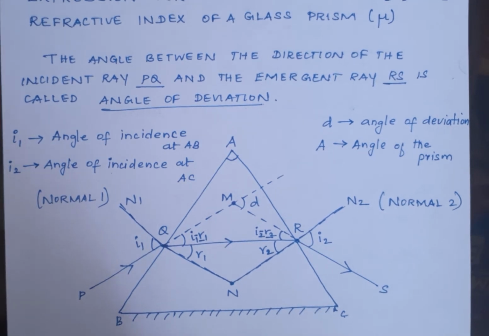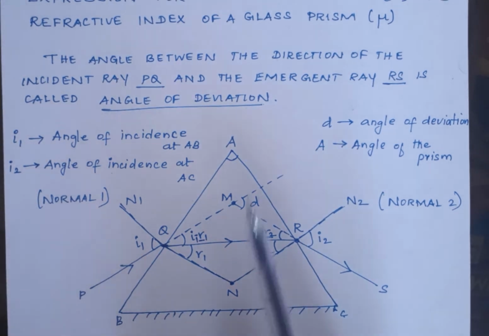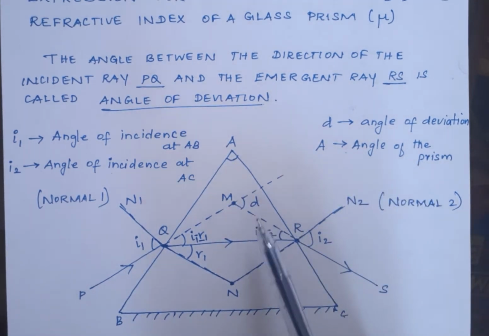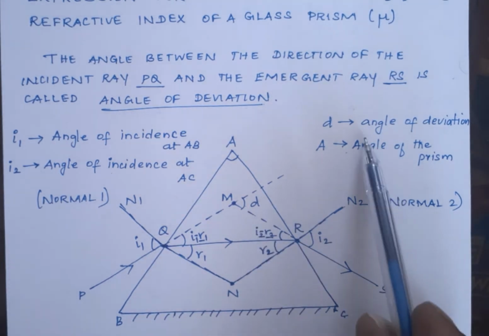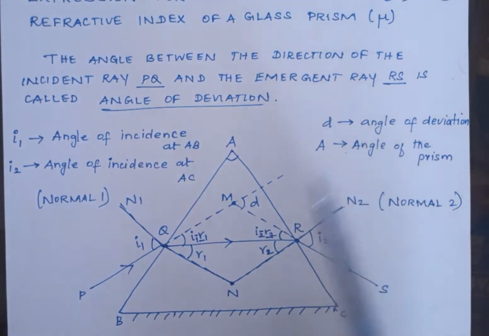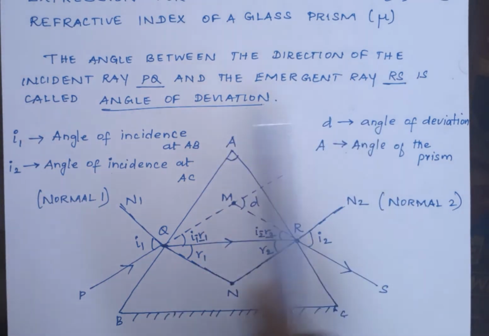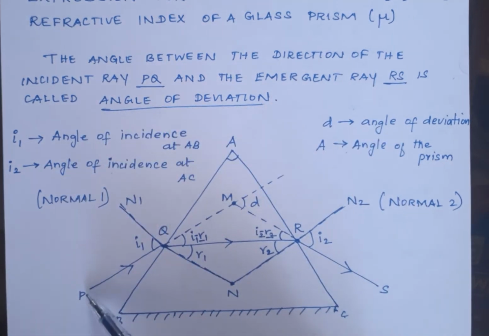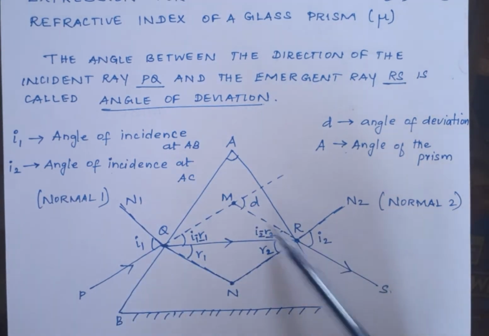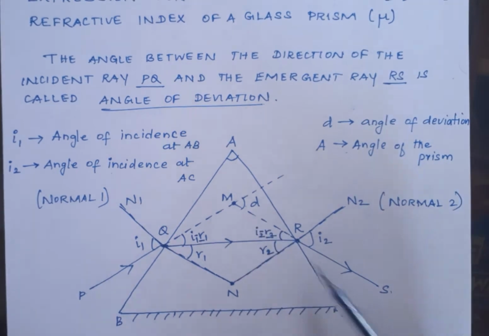Now we are going to calculate what is the deviation produced by this prism and what is the refractive index of the prism. Clear? Let A be the angle of the prism. Here D is the angle of deviation. Deviation means the angle between the direction of the incident ray and the direction of the emergent ray.